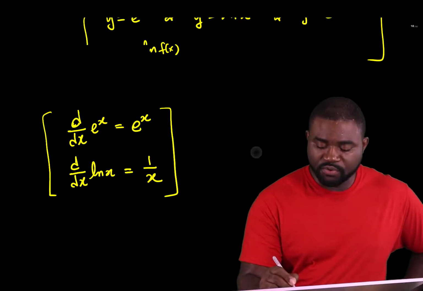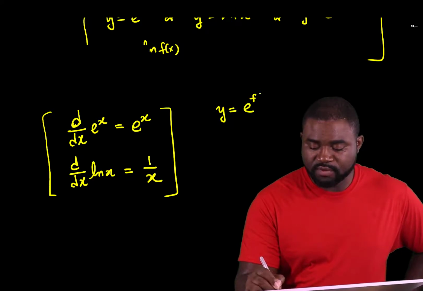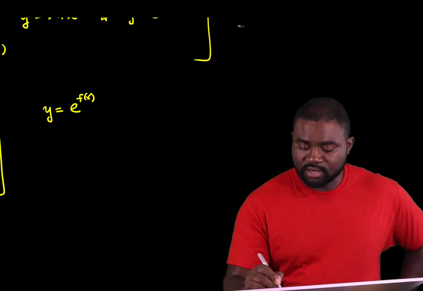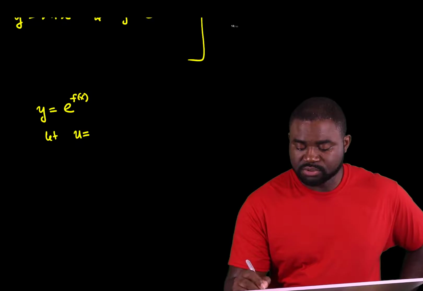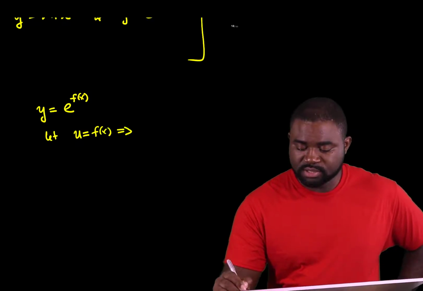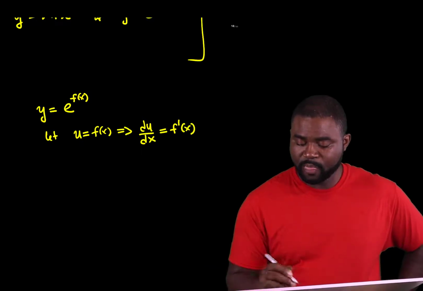Now similarly, if you have y equal to e raised to the power f of x, we can say that let u be equal to f of x, which means that du dx is just represented as f prime of x.